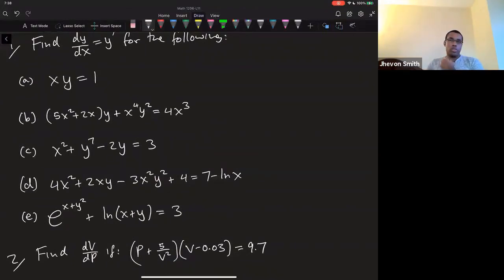So we're going to find the derivative of all of these guys. In fact, we're going to find y prime for all of these guys. Or in the second case, we're going to find a different prime in problem 2. But it's about that time we should take a break, so let's do that. So we'll take a 10-minute break and then we will come back and kill all these problems. So I will see you guys in 10 minutes.